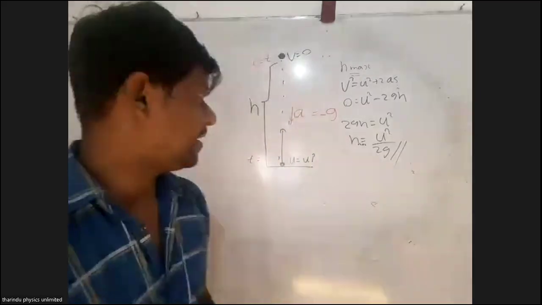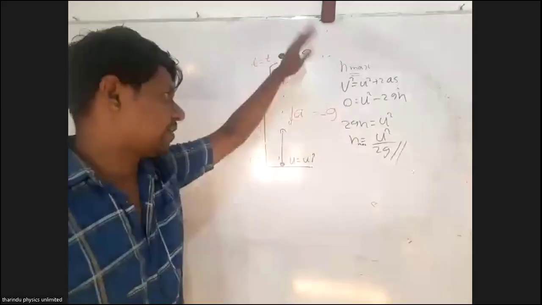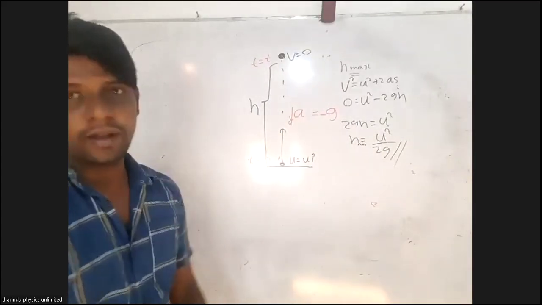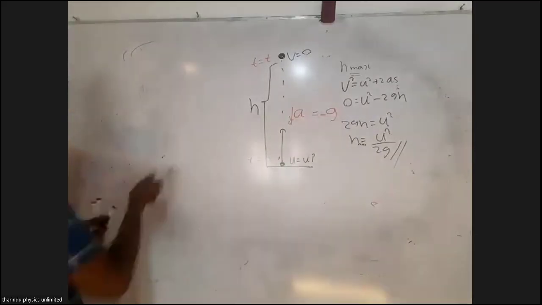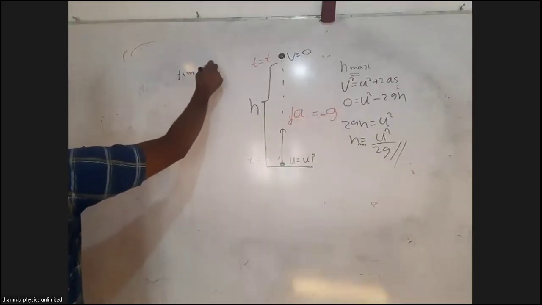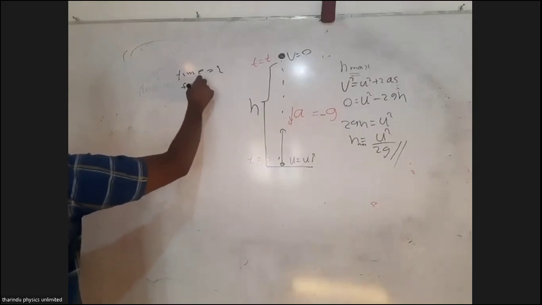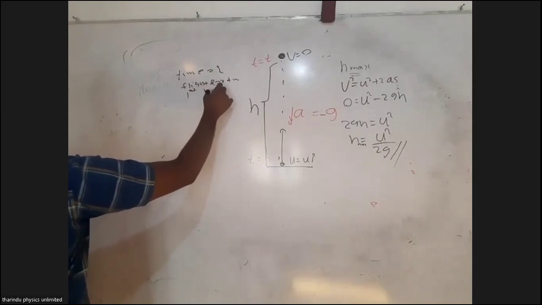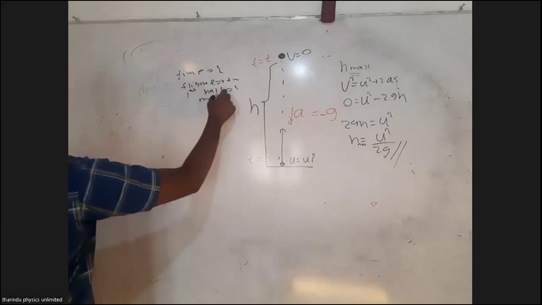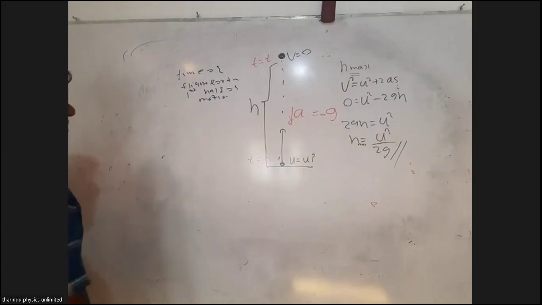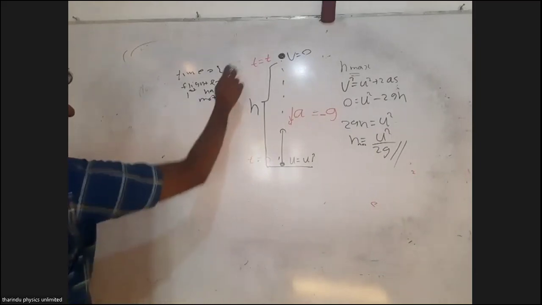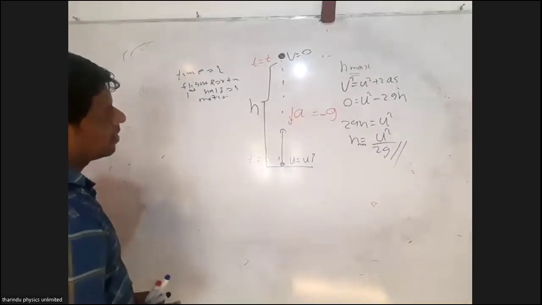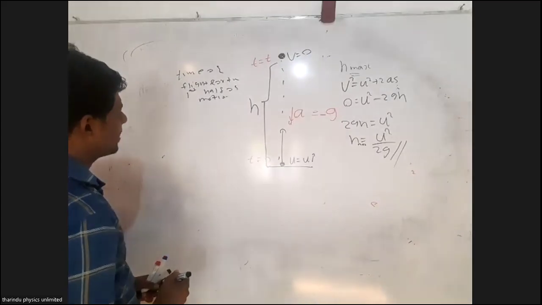Now the time of flight for the first half of the motion. I hope you had enough time. Okay, how? You know that the time is initially 0 and it reaches there.